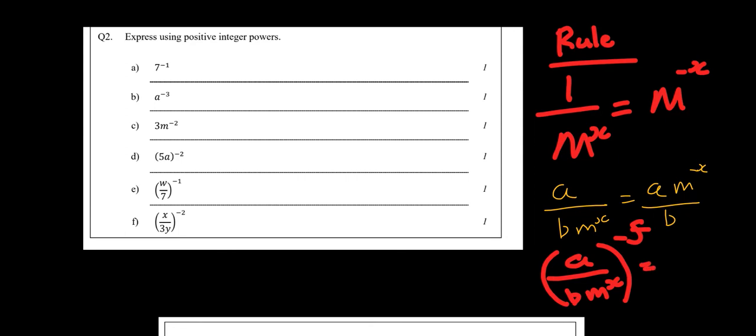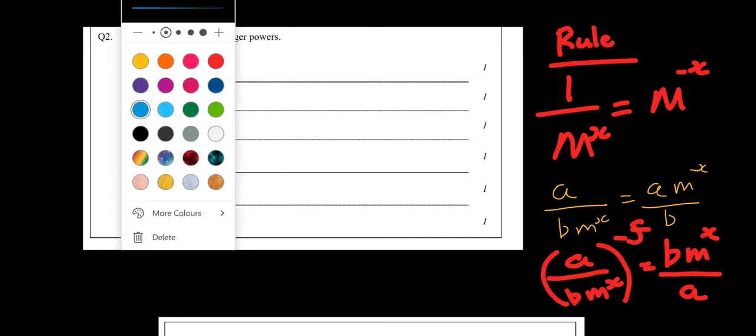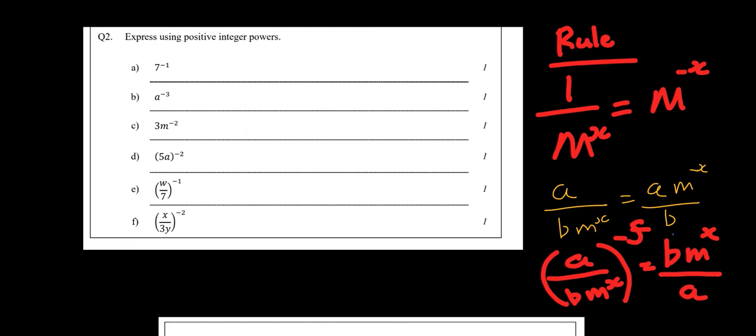So if we have anything to the negative, we can just invert the numerator and denominator, so we get b mx all over a, and I'm going to insert the power using a different color, that is to the power f. We multiply here to get power f and power f.